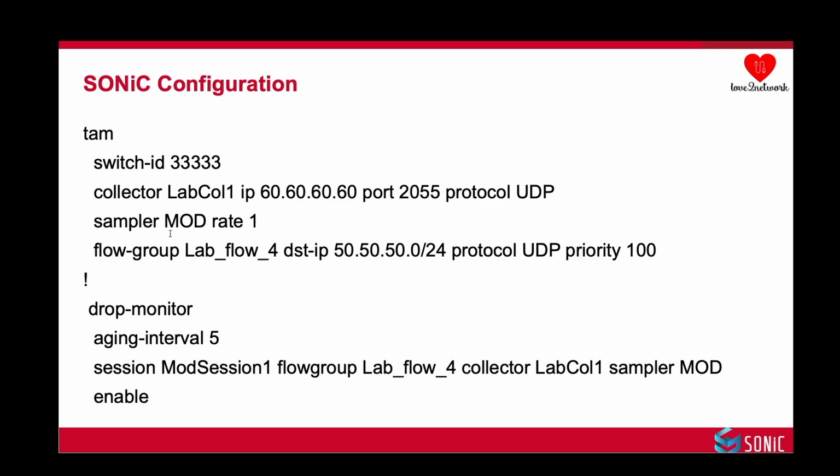With the sampler command, you define your sampling interval, which should be 1 for MoD. And flow group is probably the most important command. This is the command where you define your interesting traffic. Remember I said that MoD monitors your business critical application. But the question is, what is your business critical application? The answer is what you define with the flow group command.